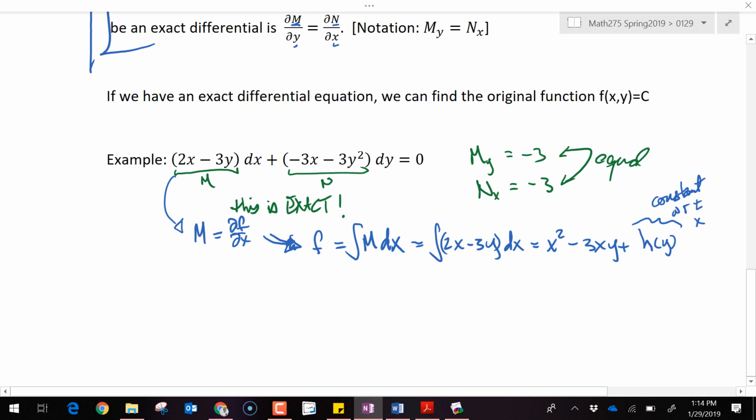WRT is with respect to. So we have an expression h of y, which we initially put c because it was a constant. But since we're integrating with respect to x, y is a constant. So we really have a function of y, h of y, which is a constant with respect to x.